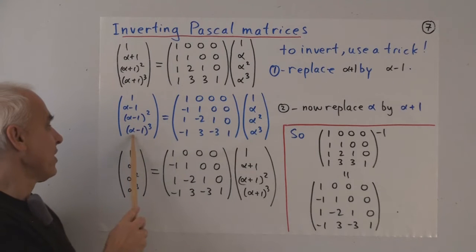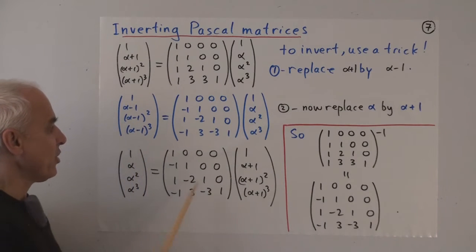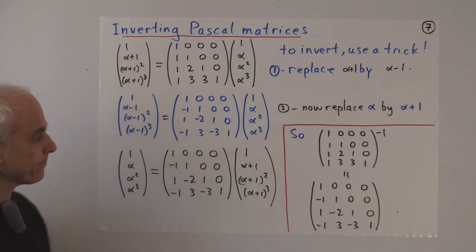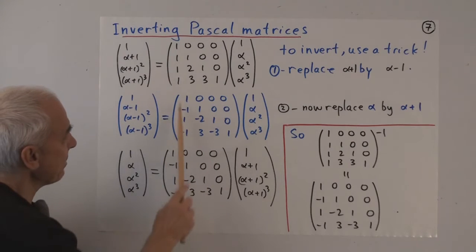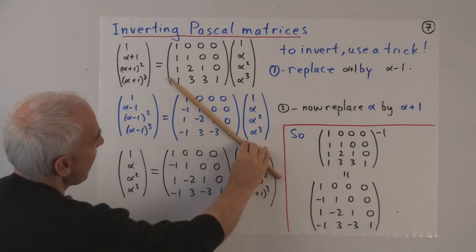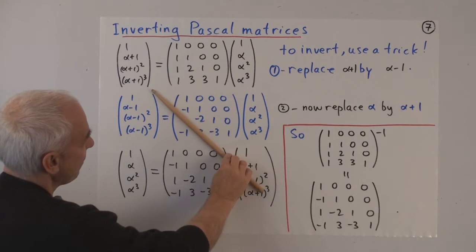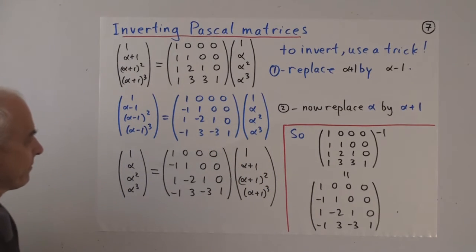So for example, if you take alpha minus 1 cubed, then you're going to get alpha cubed minus 3 alpha squared plus 3 alpha minus 1. So it looks much the same as this one, except that on the diagonals, there's a plus sign on all of those, a minus sign on all of those, plus and minus.